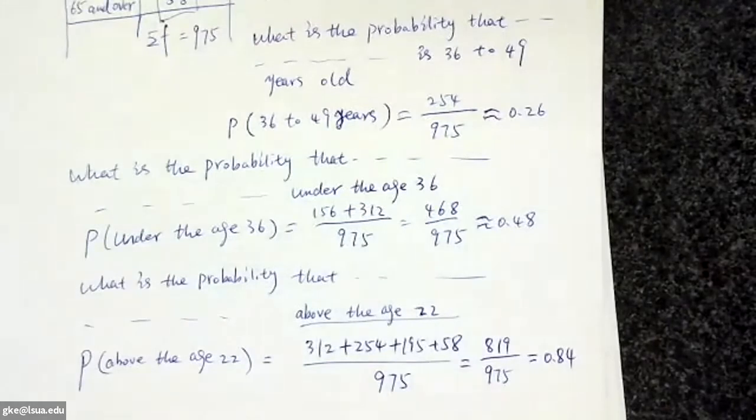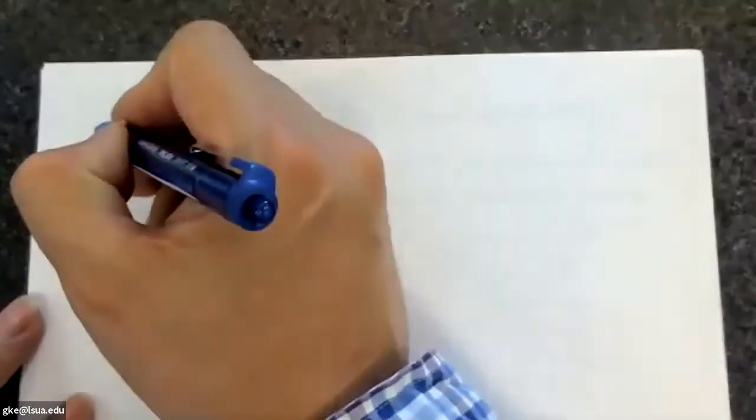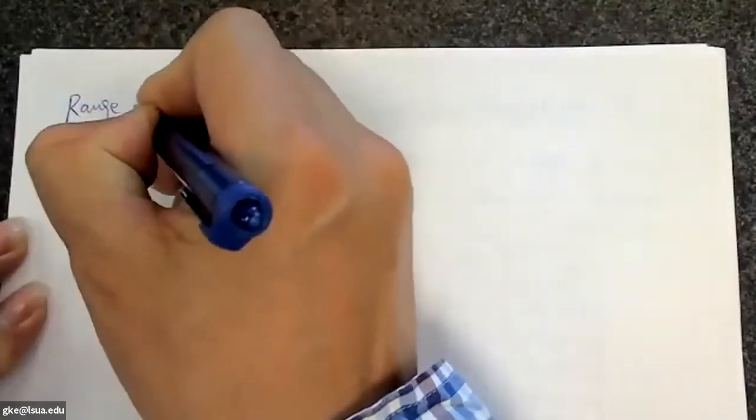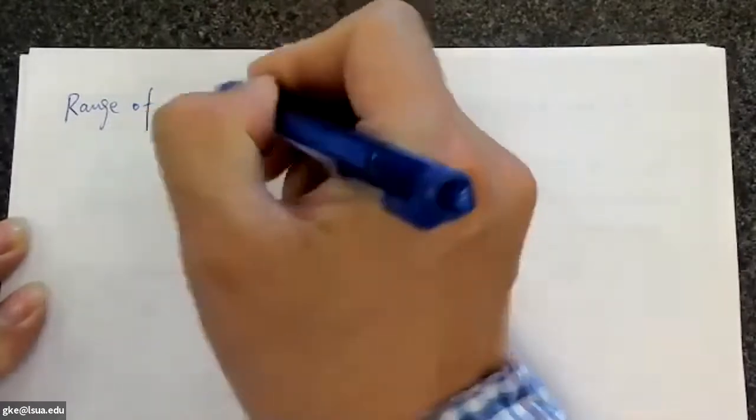The first rule of probability, the range of probability rule.